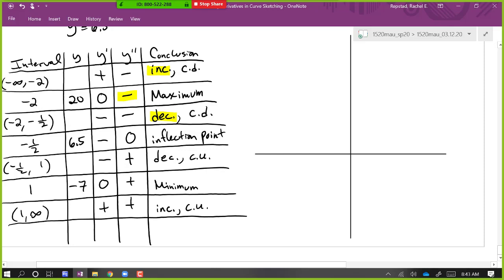So I've got to figure out what I want to do with my scale here, right? I don't need to go very far to the left or to the right on the x-axis, but I do need to go as high up as 20 on the y. So I think I'm going to use different scales for the x and the y-axis.